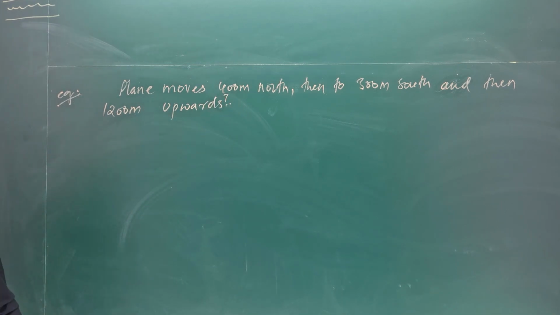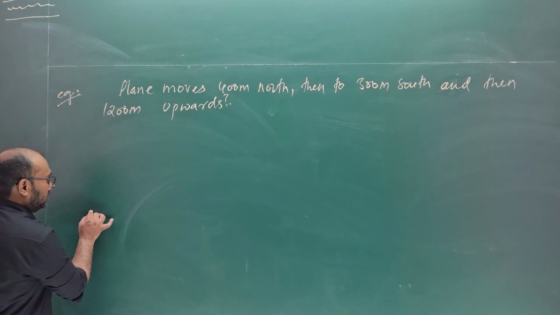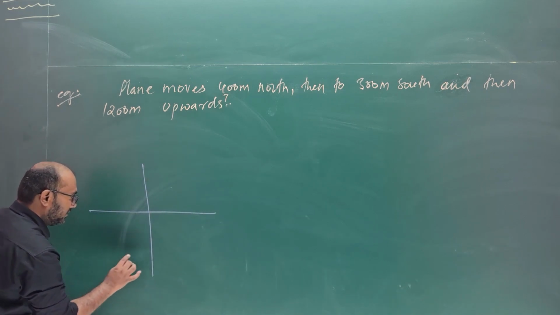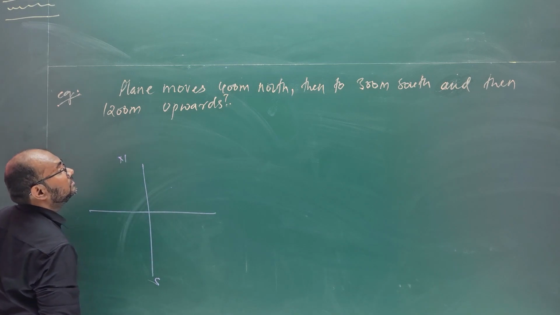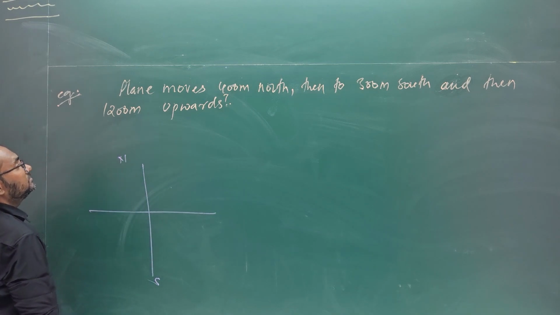Try this answer. In the majority of your books I have seen this. Let's see what you have done. This one is north, this one is south, then east and west, nothing is there.